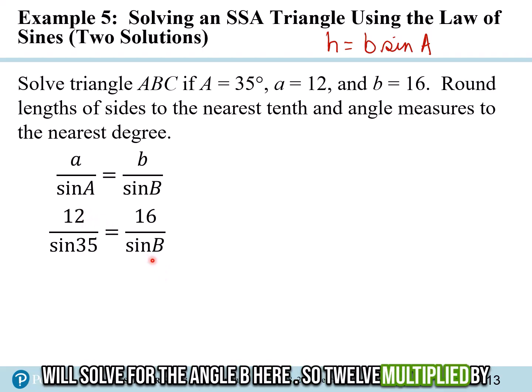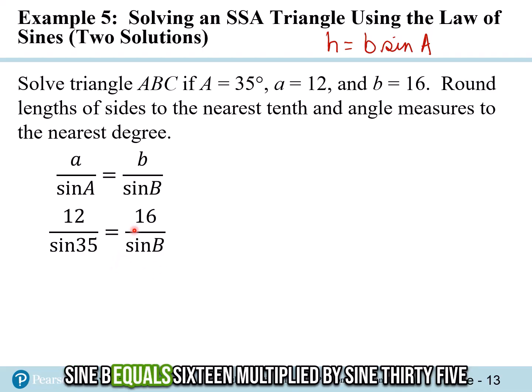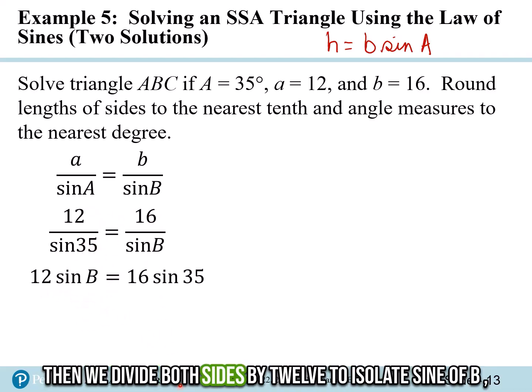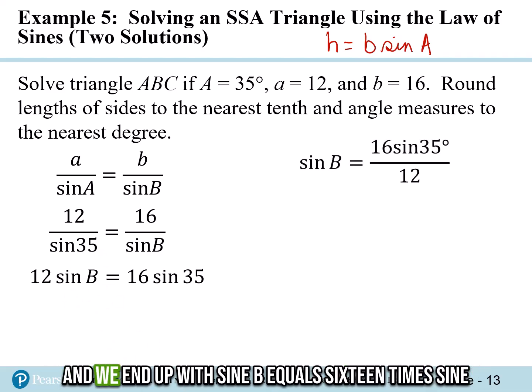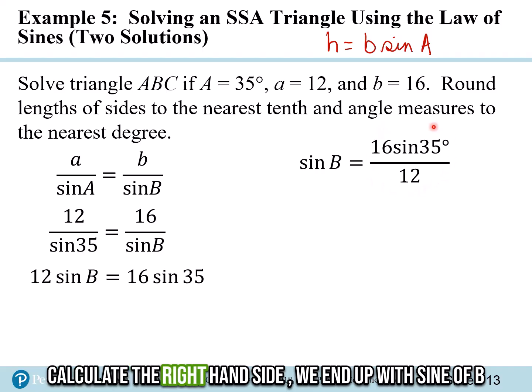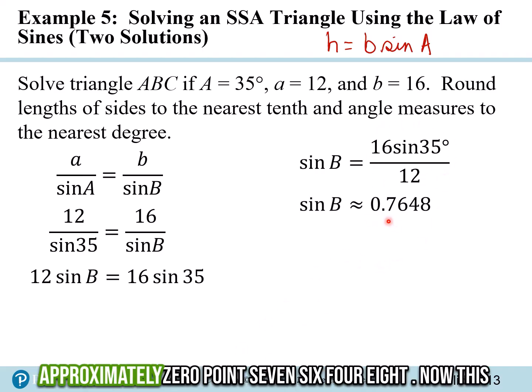So 12 multiplied by sine B equals 16 multiplied by sine 35 degrees is what we'll get after we cross multiply, and then we divide both sides by 12 to isolate sine of B, and we end up with sine B equals 16 times sine 35 degrees divided by 12. When we calculate the right hand side, we end up with sine of B approximately 0.7648.